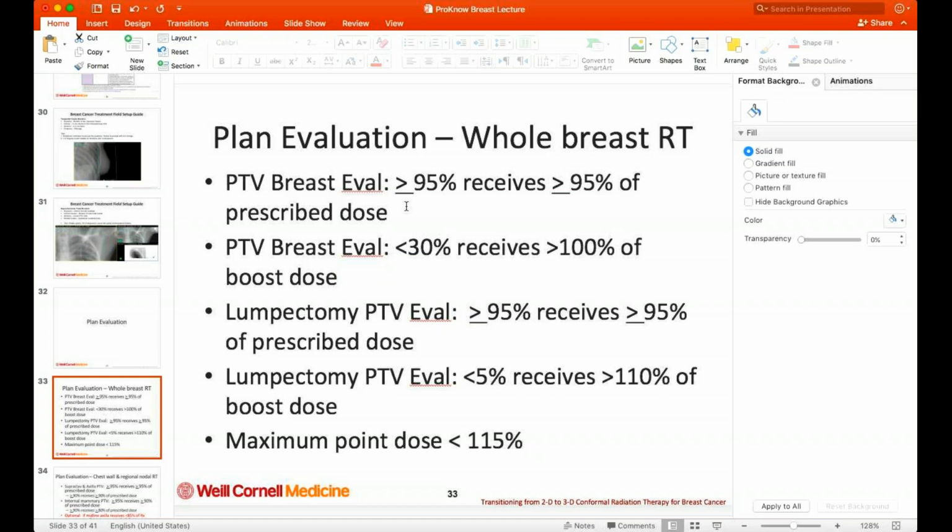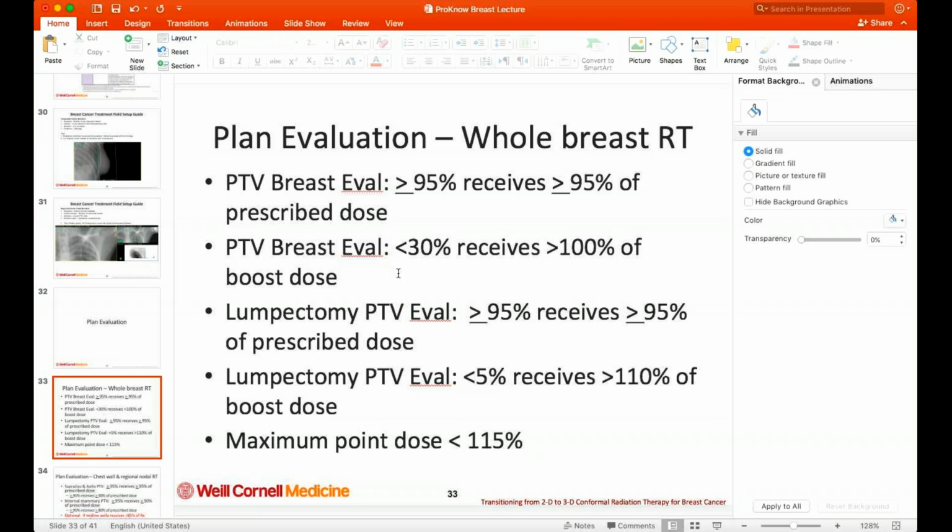So these apply for hypofrac or for standard fractionation. When it comes to higher doses, less than 30% of the PTV breast eval should get more than 100% of the boost dose. So those are some of your goals.